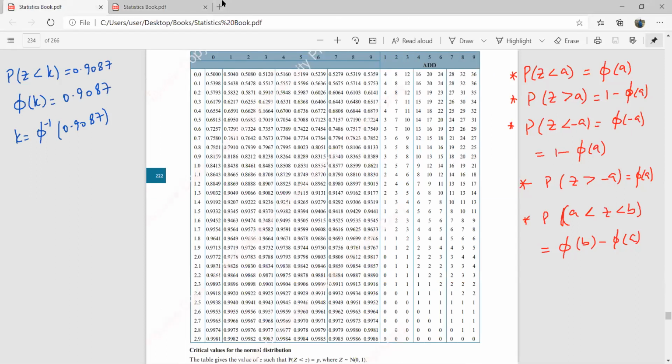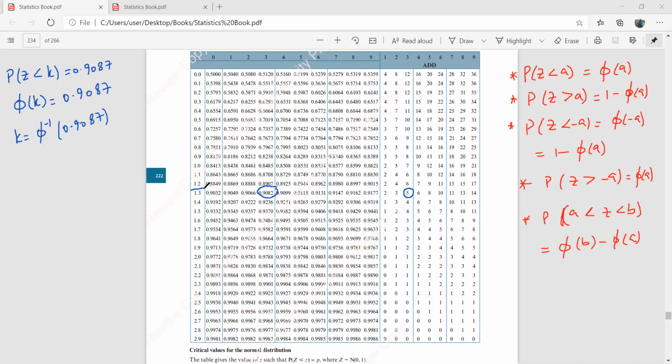Okay, so let's go to the table and see where we have this probability. Here are the probabilities, and see where you have 0.9087. I have 0.9082 over here, and if I add this 5 into it, this would become 0.9087.